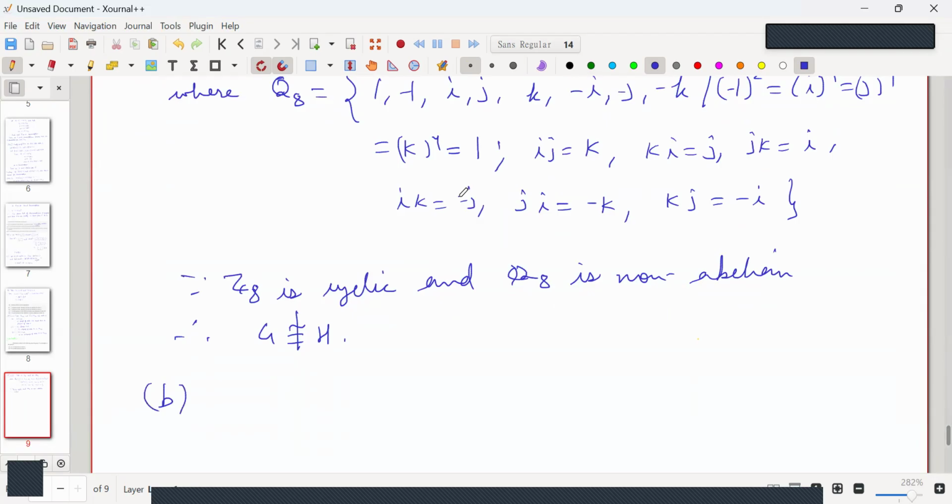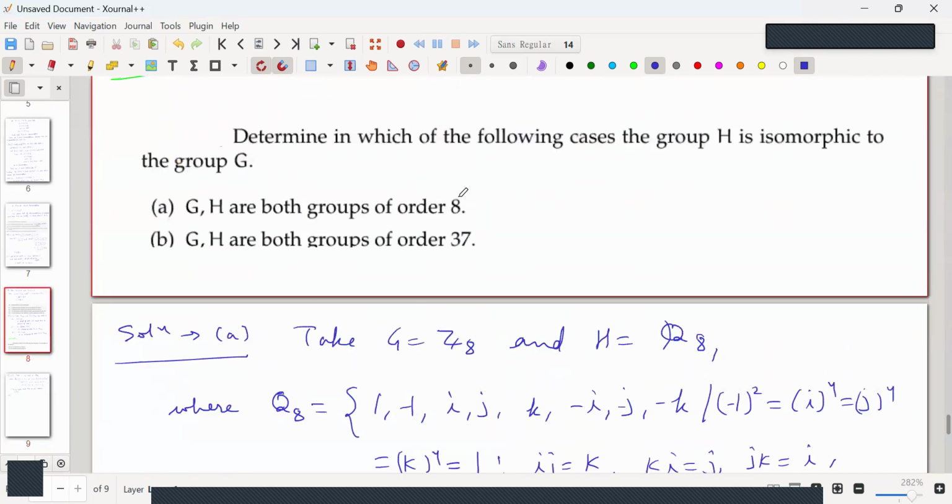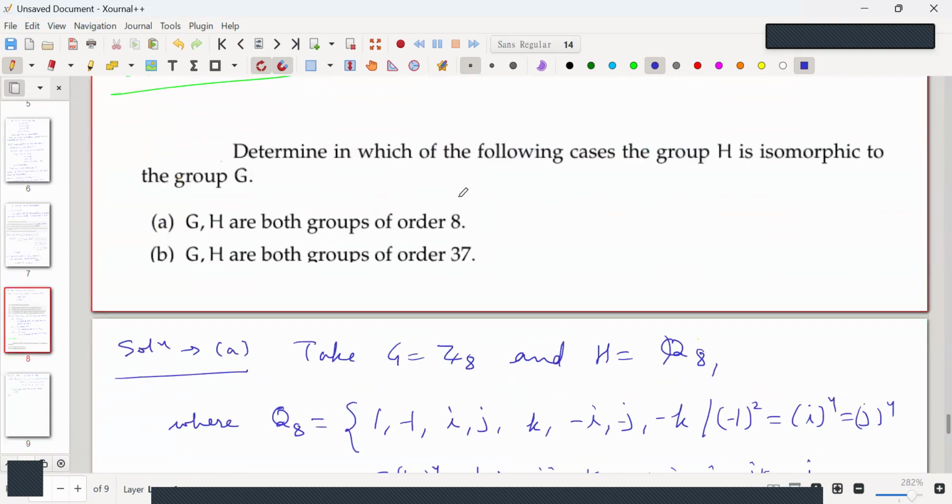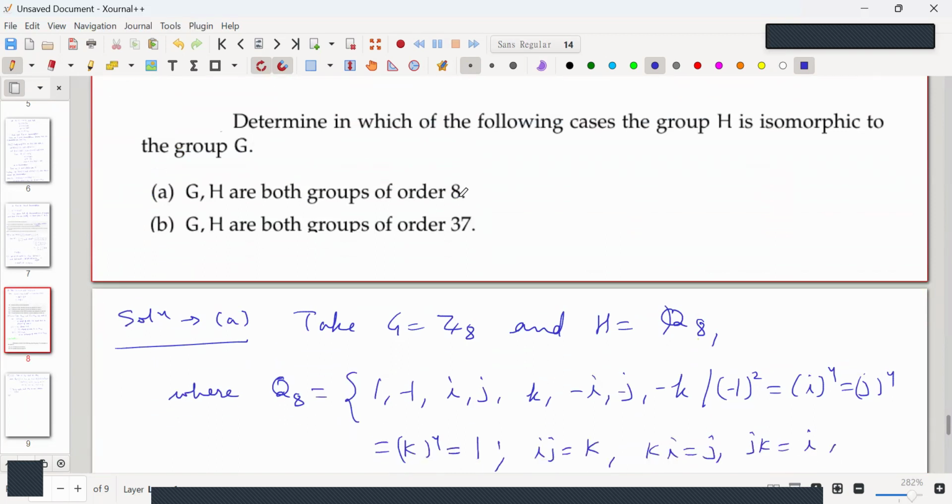Sir, if I consider this group of tuples, if there are three places, I could have either 1 or 0, same like the Klein group, but then there are three places.